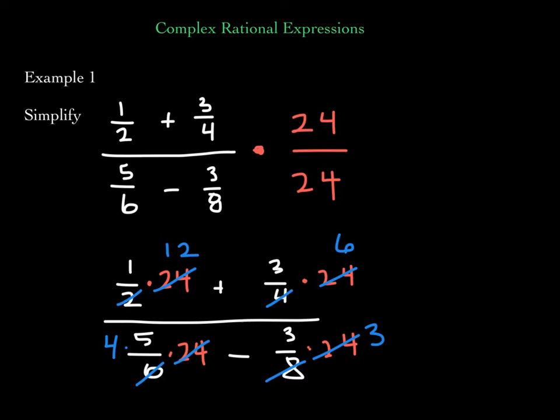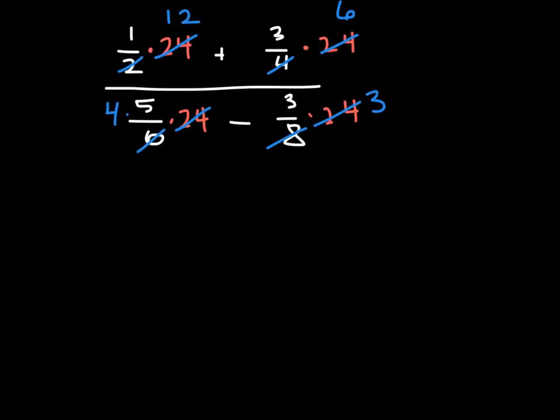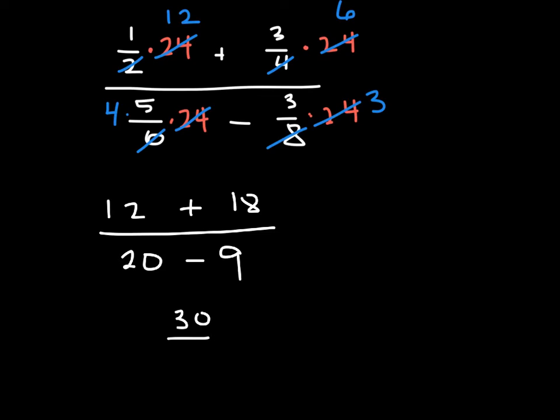So if I can move up here, what ends up happening is we have 12 times 1, which is 12, plus 3 times 6, which is 18, over 4 times 5, which is 20, minus 3 times 3, which is 9. So 12 plus 18, of course, is 30. 20 minus 9 is 11.